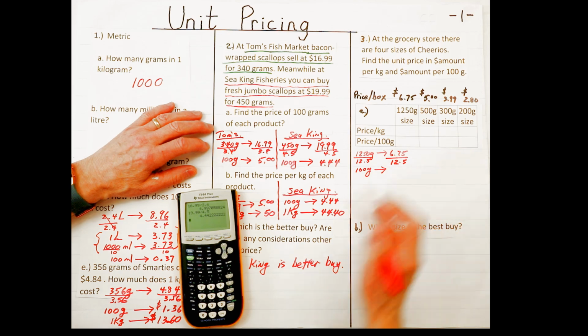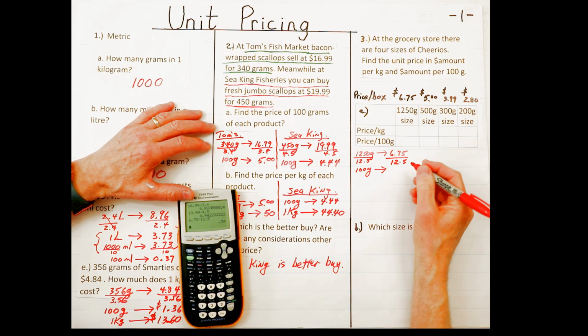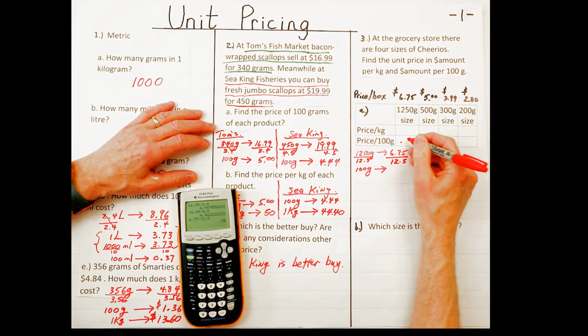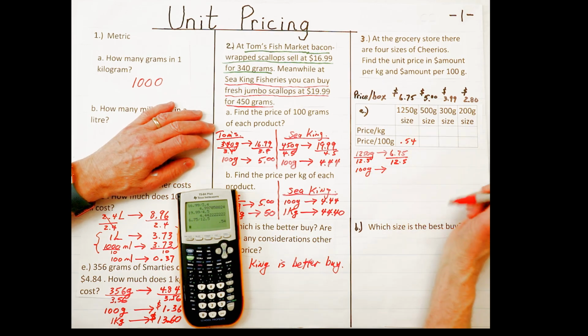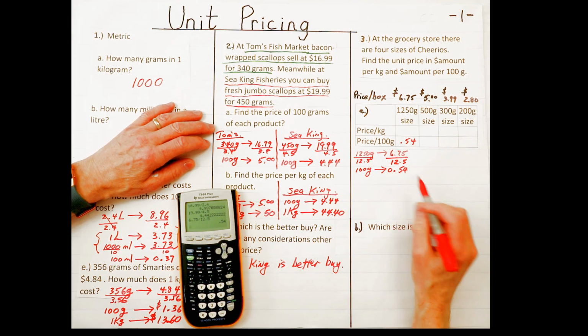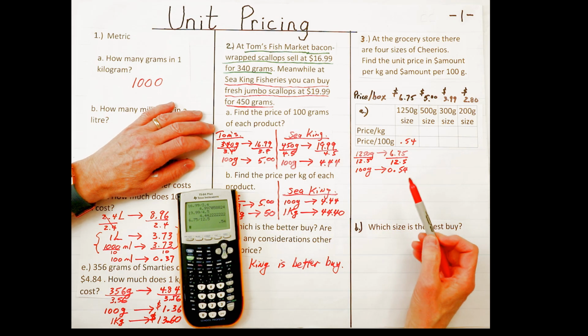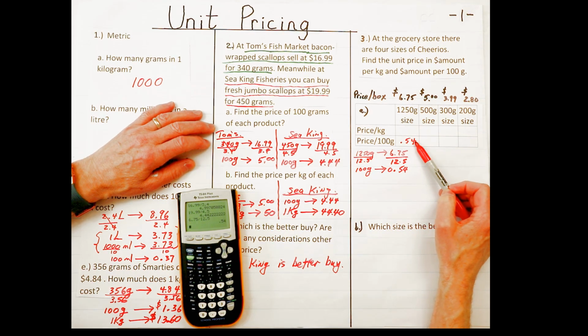And here, 675 divided by 12.5 gives us 0.54 or 54 cents for 100 grams. 0.54.